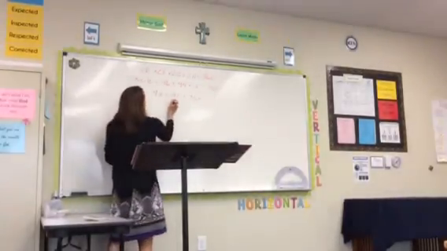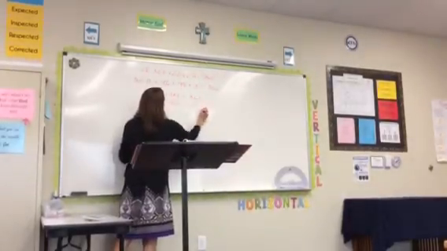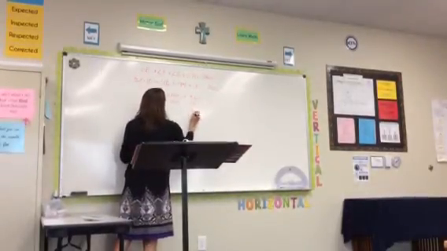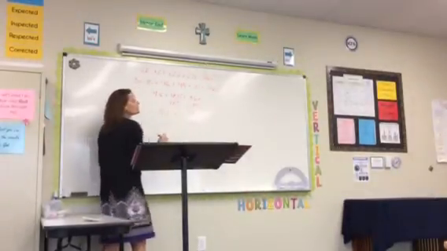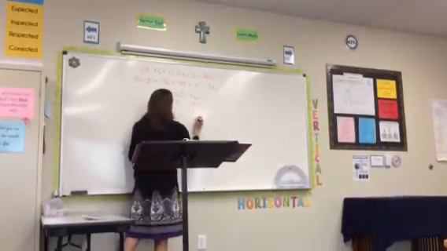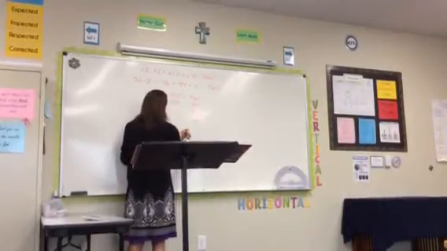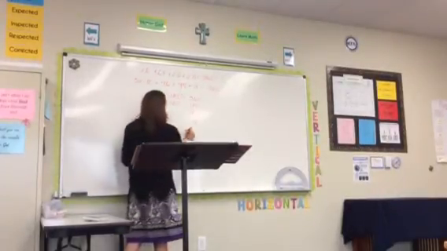We subtract 180 on both sides. So 4x equals 180. Divide by 4 on both sides. Our x equals 45 degrees.